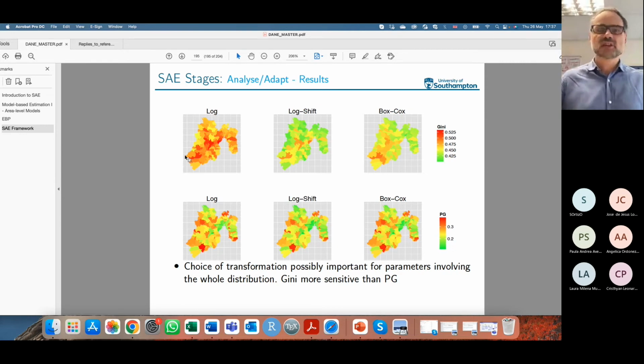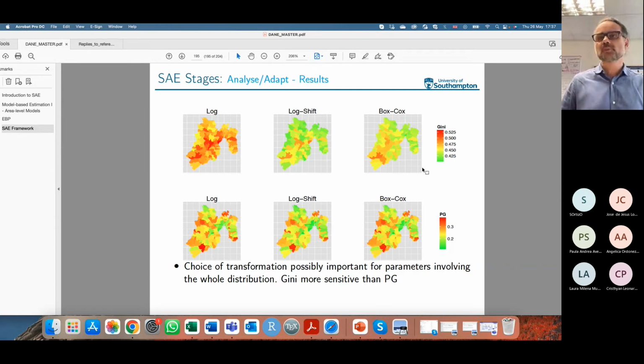The other thing I wanted to say is that here are some results where we produced estimates of two indicators. One is the poverty gap, given by the second row here, and the top row gives you the estimates of the Gini coefficient, right? We used three types of transformations: a fixed log transformation, a log shift, and a Box-Cox transformation. One of the things that we noticed is that depending on what you're trying to estimate, the choice of transformation might be important.